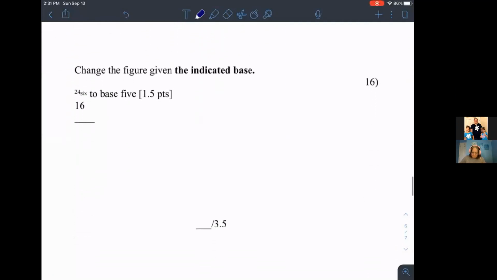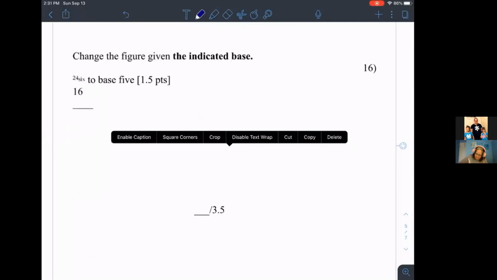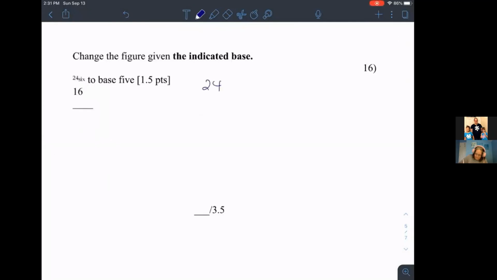All right, now we have number 16. We have 24 base 6, and we need to change it to base 5. So what we need to do is get it to 10 and then 10 to 5.